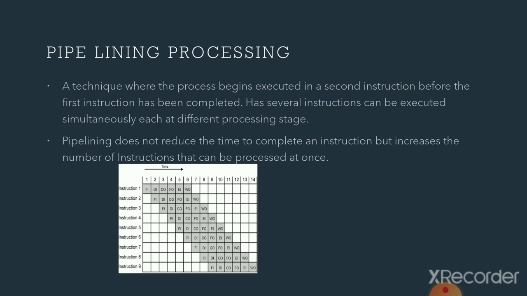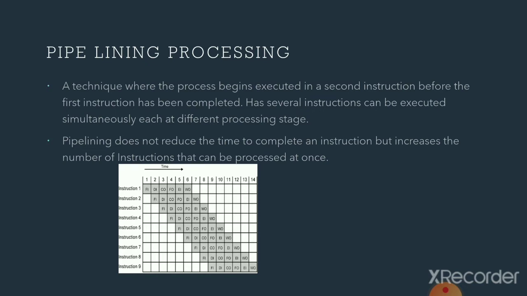In the diagram, 1 to 14 is given as the time duration for execution of instructions, with the x-axis given as time and the y-axis given as instructions 1, 2, 3, 4 up to 9.